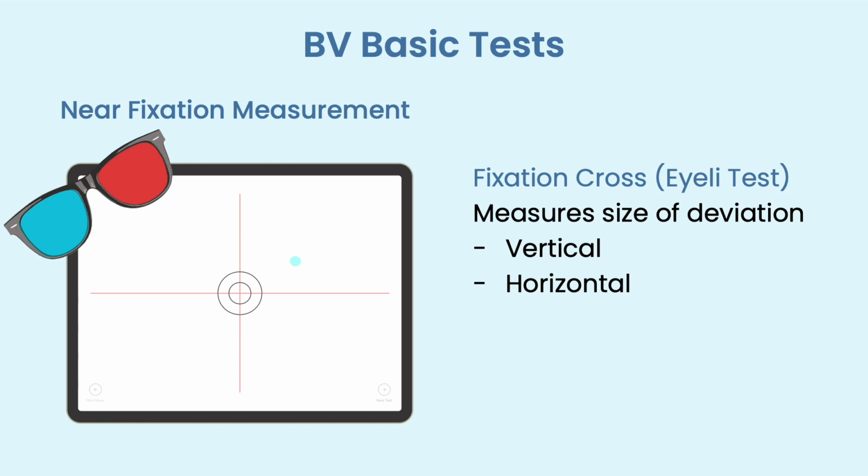This brings the two targets close enough to fall on corresponding retinal areas of both eyes, which makes it easier for the brain to fuse, but not close enough to fall on corresponding retinal points. So the eye still has to do some work to fuse the two targets perfectly.